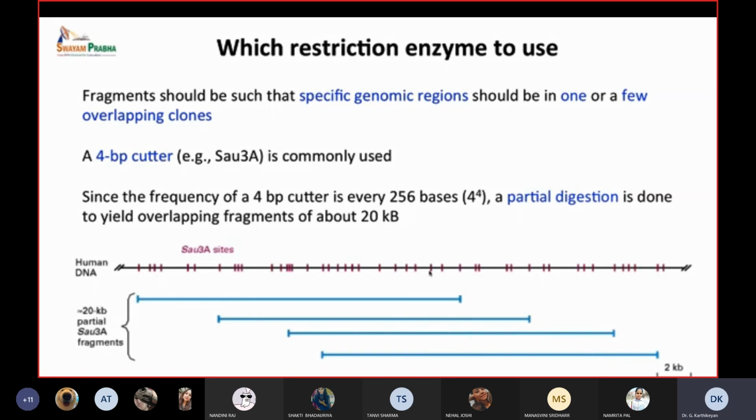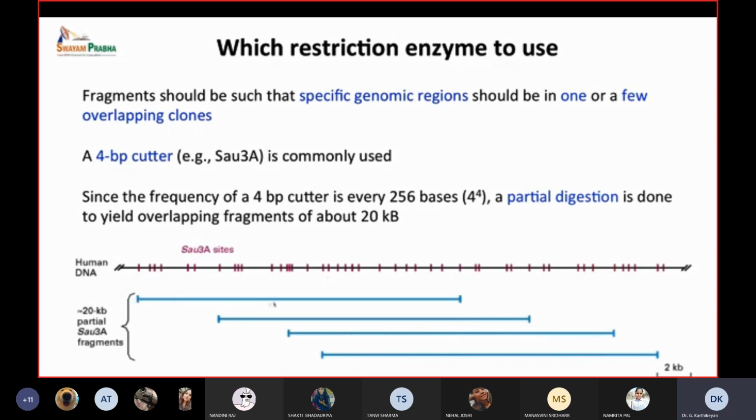What happens during a partial digestion is that not every site will be digested by Sau3AI. So it will be making random cuts at different positions, and because of those random cuts, you will obtain overlapping fragments. In a cartoon, it is shown here. Supposing this site is digested, then maybe this site, this site, and this site are digested, and the rest are not.